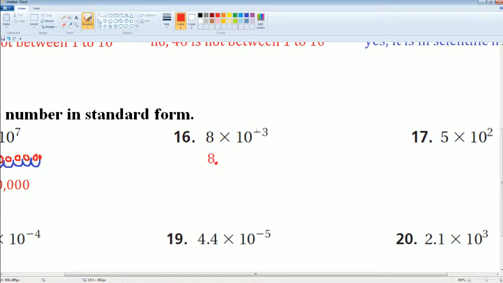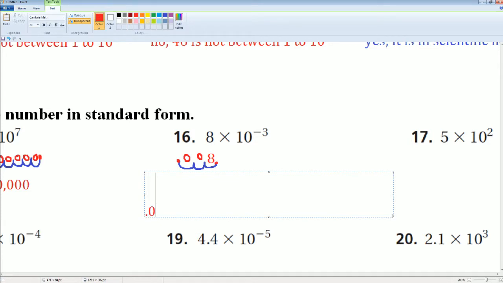Because, you see, it's a negative. So we're going to 1, 2, 3. Put a dot here. Fill it in. Okay. Then we can write the number out. 0.008. Good. Oops, sorry. 0.008.